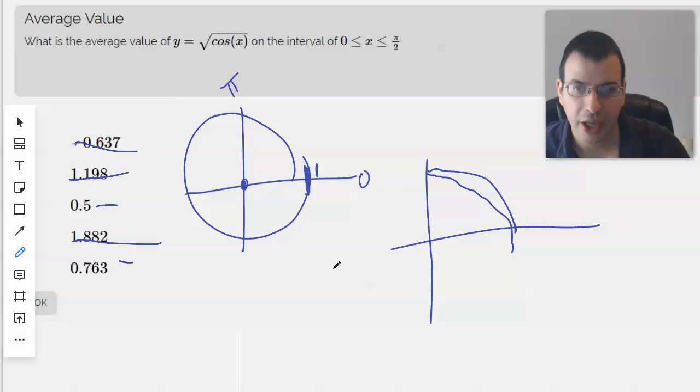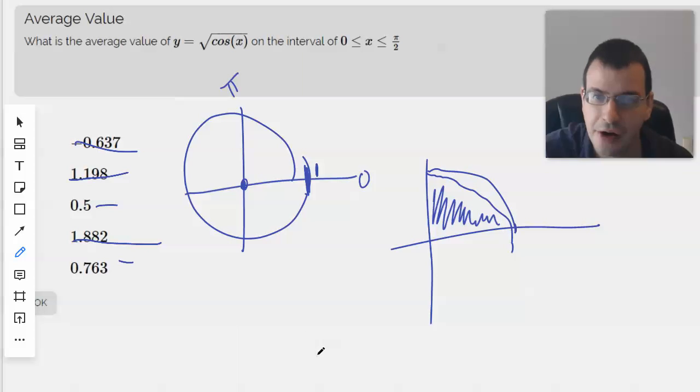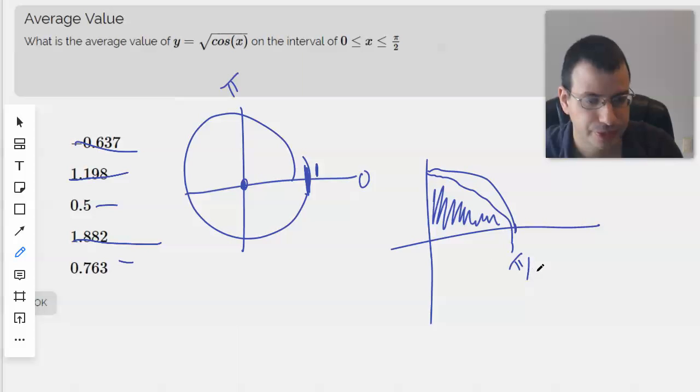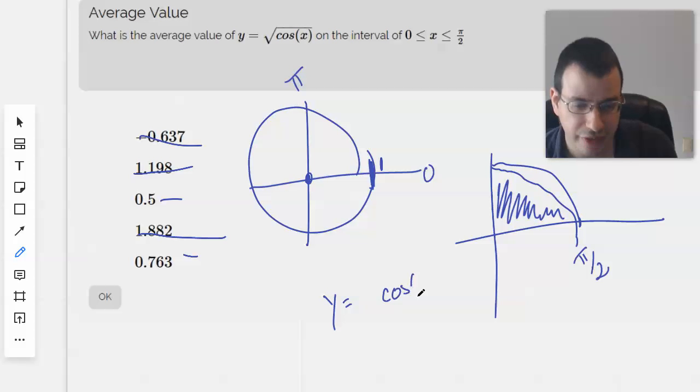So the way we're going to do this is we're going to take the integral from 0 to pi over 2 and then divide it by our length, which is pi over 2, to find the average value. And if we look at this, y equals cosine of x to the 1/2.